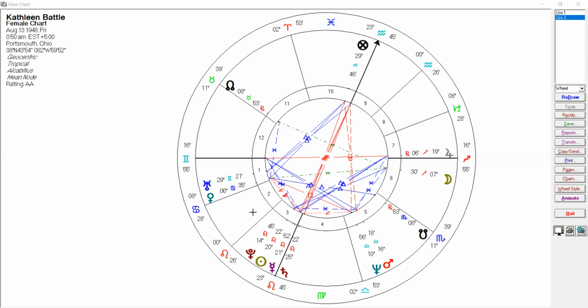Each house is approximately a 30-degree slice that gives us our 12 houses. 12 times 30 is 360. What we're really looking at is distances between planets. So that's the first thing they would do: find the distance between the two significators. And then knowing that the ascendant is the beginning of life.